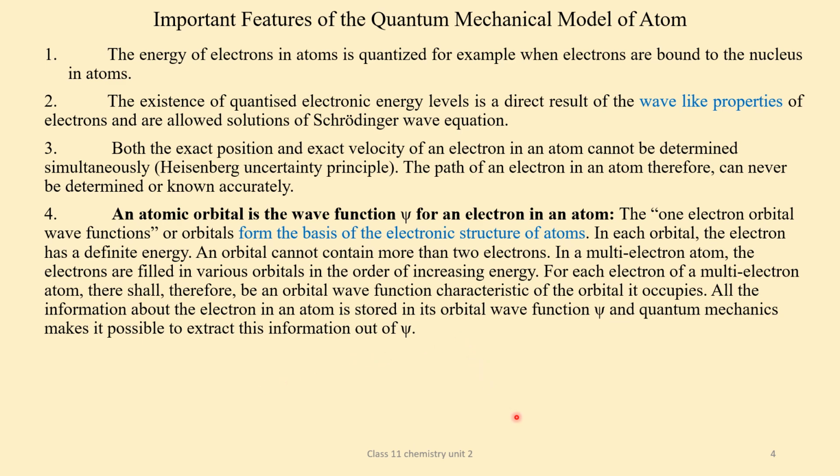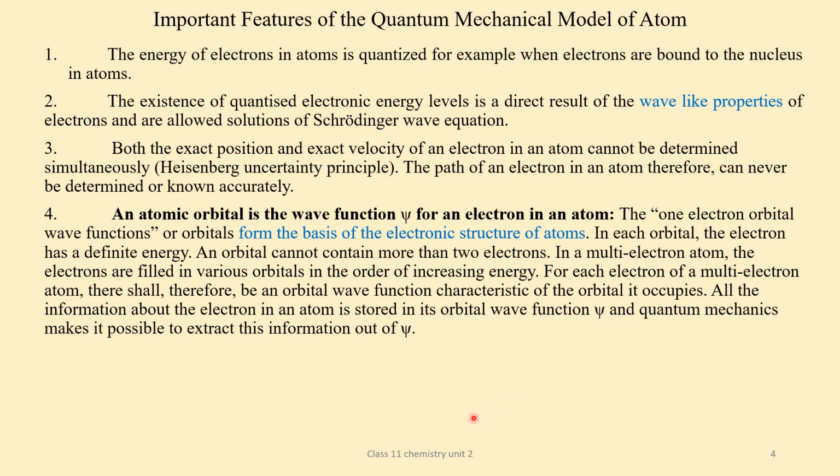In each orbital, the electron has a definite energy. An orbital cannot contain more than 2 electrons. This also you please note down. In a multi-electron atom, the electrons are filled in various orbitals in order of increasing energy.